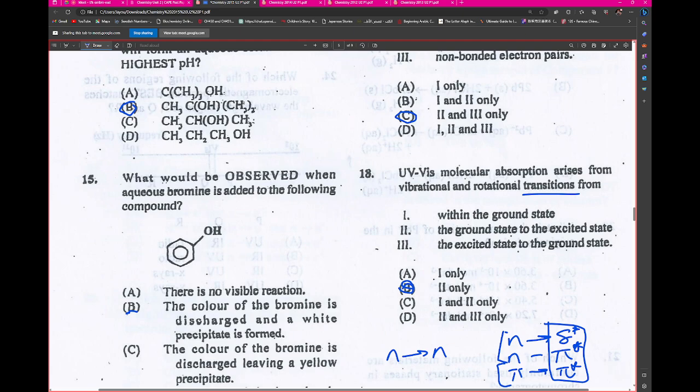An excited state to the ground state won't be absorption. This would be emission. So I think B would be the best answer. 1, I think, is impractical. 3 is emission, so 2 is absorption.